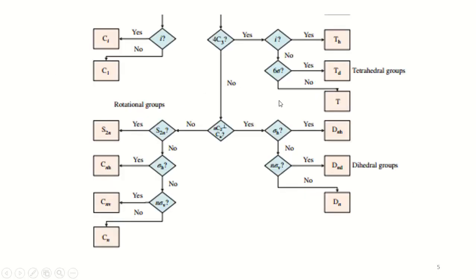What I have told you about the dihedral groups is that molecules belonging to this class of point groups will have nC2 axes that are perpendicular to the principal axis. If these are the only symmetry elements that the molecule has, including the identity, the molecular point group will be Dn.